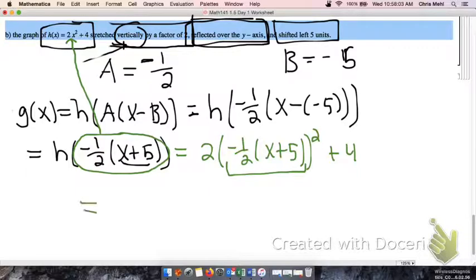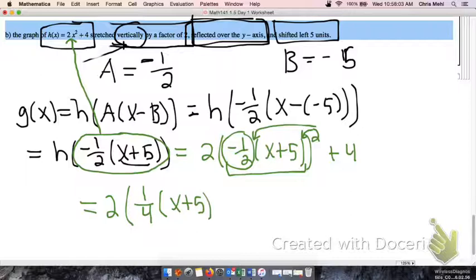Now in my next step, I'm not going to distribute this minus 1/2, but what I am going to do is distribute the power to the product. I'm going to leave the 2 out front, and then if I square negative 1/2, I get 1/4, and then I'm going to have x plus 5 squared.